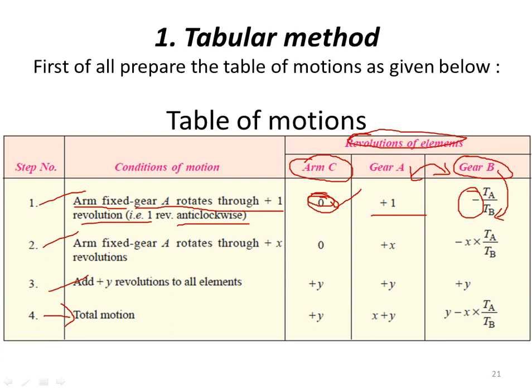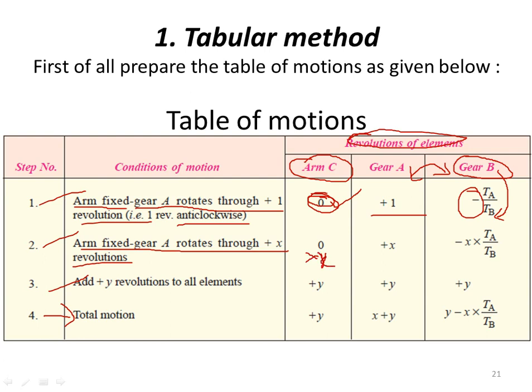Once you are done with the first step, all the rest of the steps are repetitive, the same thing. If you do the first step correctly, automatically the entire procedure will be correct. Second step, arm fixed, gear A rotates through +1 times x revolution, meaning you have to multiply all the components which you have taken in the first step by x. So 0 into x is 0 only.